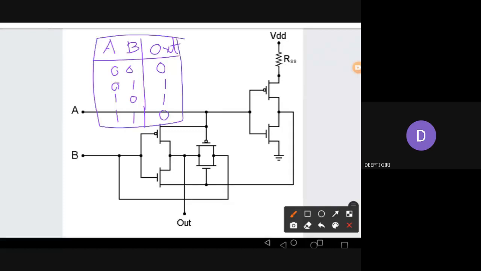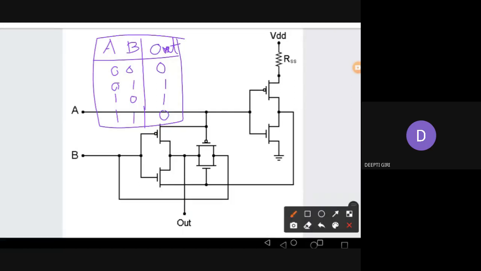Which logical gate? You can type and see which logical gate we are discussing. Yes, no answer. Yeah, this is a simple XOR gate.